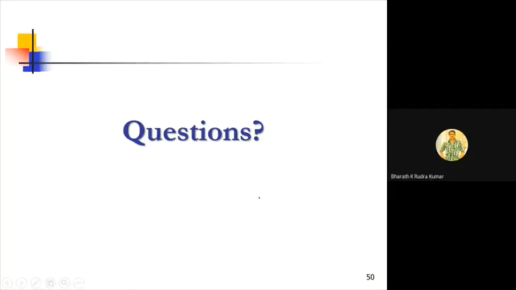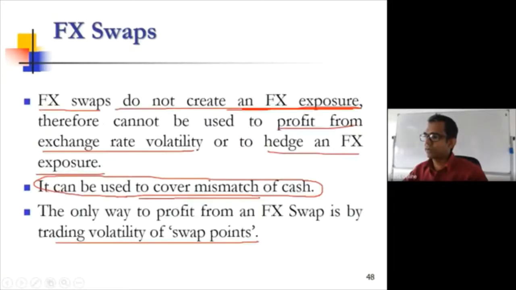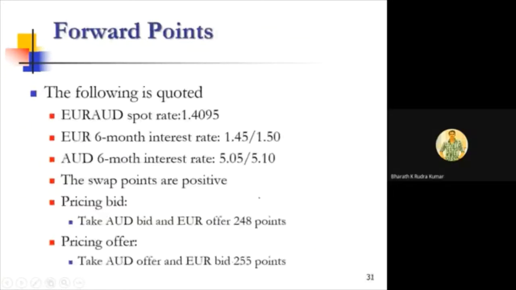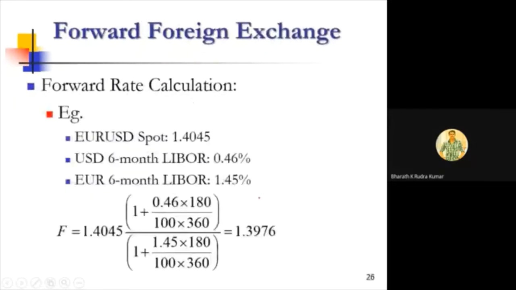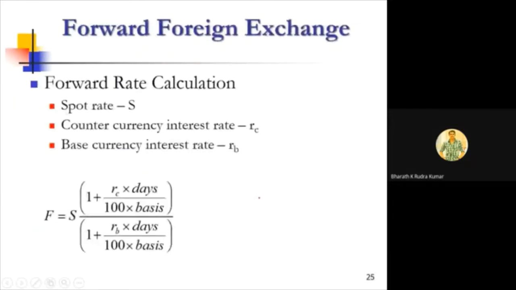So page number 25. Yes. This is the formula for calculating the forward rate, but with the same formula, if we subtract 1, can we get the forward points?